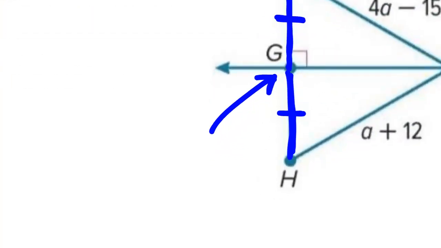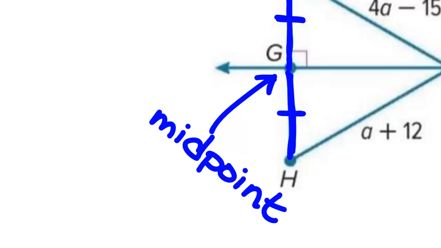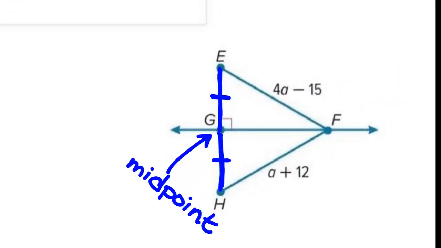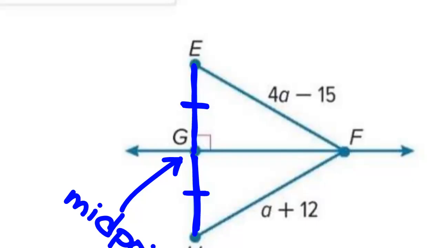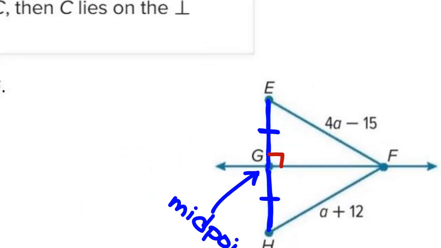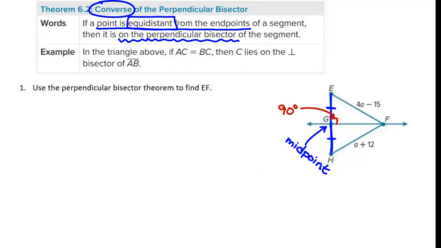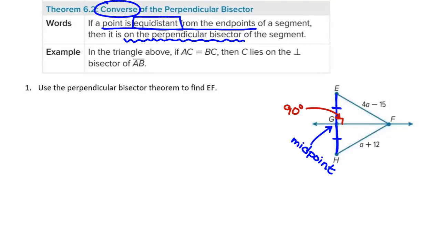The midpoint. G is the midpoint. And what do you notice about the angle that EH and GF are making? It's a right angle. So that means that GF is the perpendicular bisector of EH.